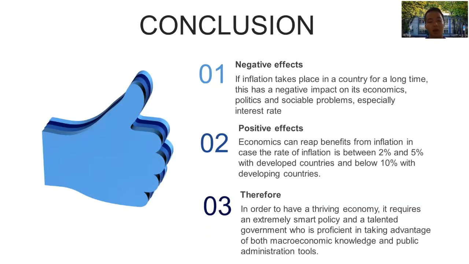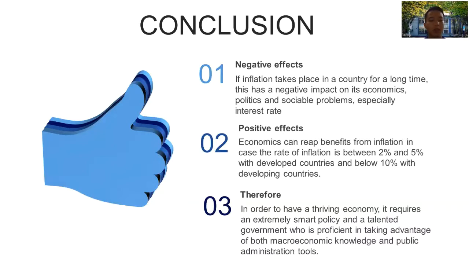In fact, in operating a country, most governments want their economy to have high economic growth, low unemployment, and low inflation. However, in reality, a low inflation rate together with upward economic growth is hardly possible. Low inflation rate often means slow economic growth.